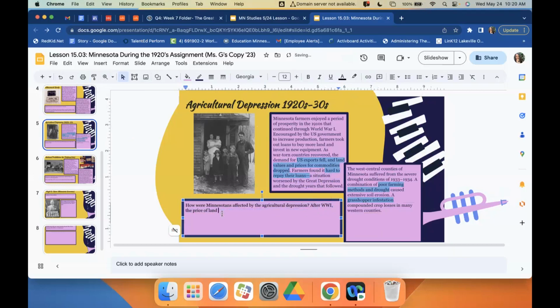Yep. Okay. So I see in the chat, Bobby wrote grasshopper infestation caused crop losses. Yep. So on top of that, we could also talk about the poor farming methods and then the drought too.